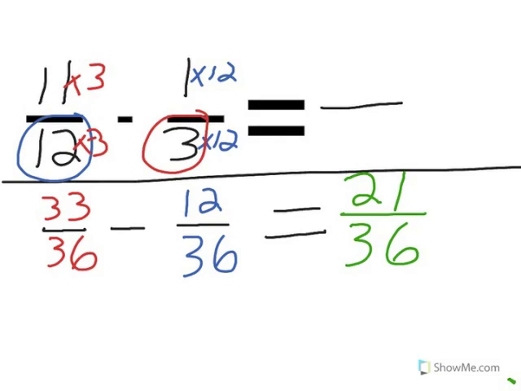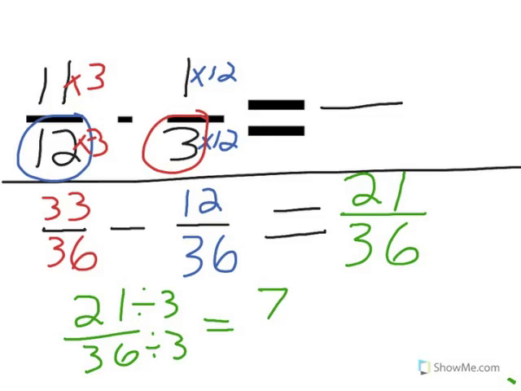This, however, can be reduced. So 21 over 36, let's divide it by 3. 21 divided by 3 is 7. 36 divided by 3 is 12. And that's our final answer, 7/12. It's not as hard as it looks.